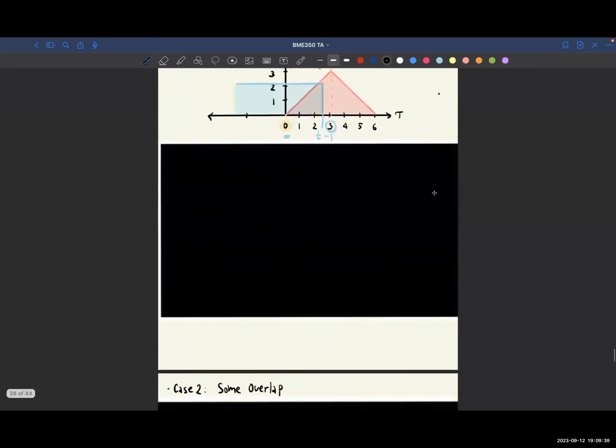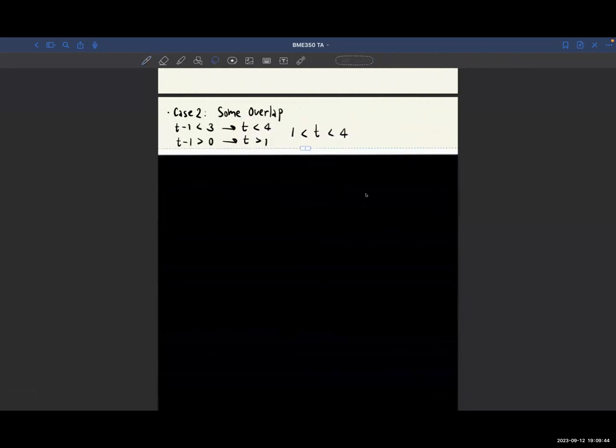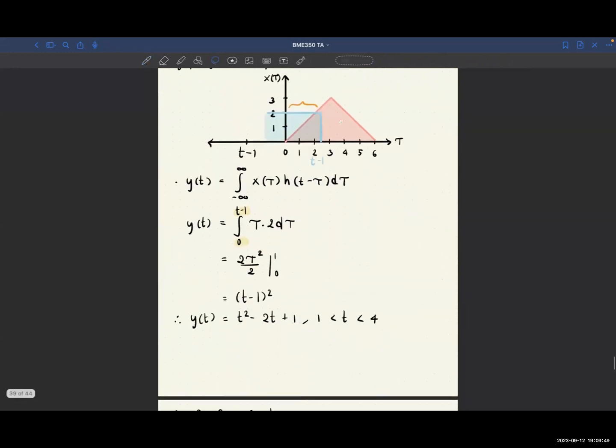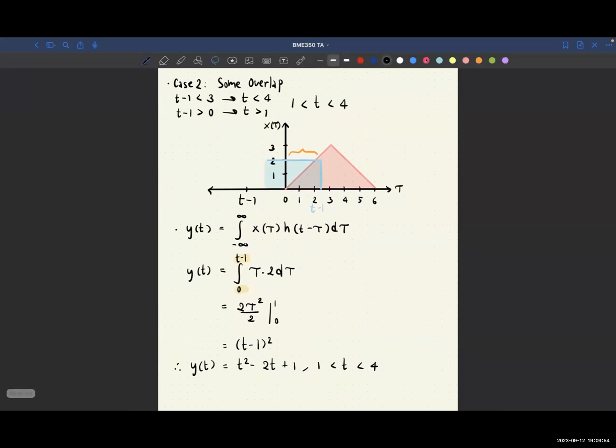Okay, now let's calculate the convolution of this scenario. From the convolution equation, and as I say, pay attention to the boundary condition. So we start the overlapping area at 0 and then with t minus 1. Therefore, our boundary condition is going to be from 0 to t minus 1.